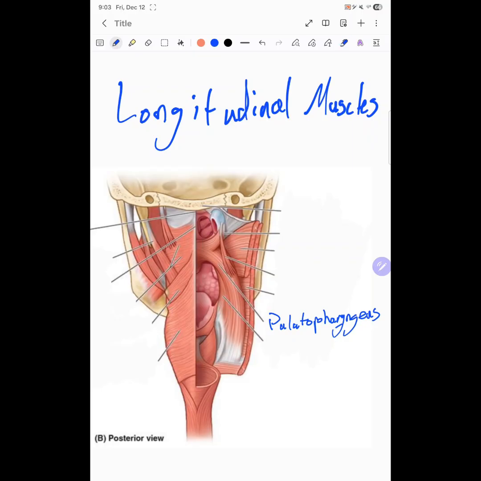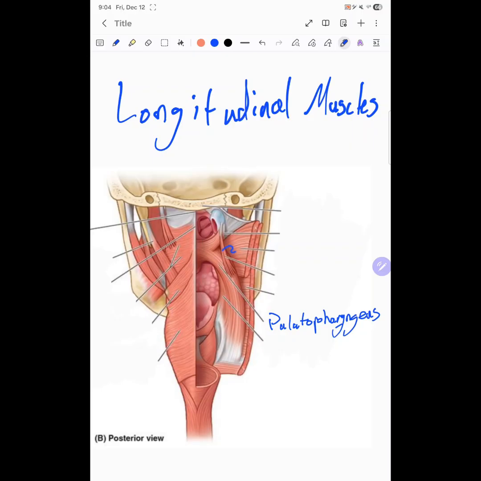The innervation is the vagus nerve, and it's going to elevate the pharynx, which will basically shorten and widen the pharynx and larynx during swallowing and speaking.